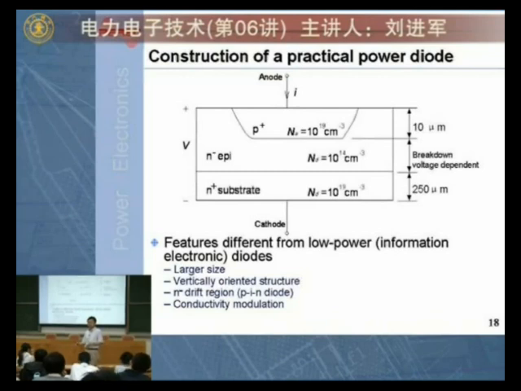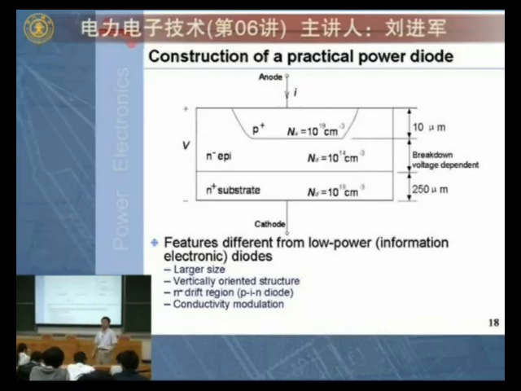But what happens when we need this diode to be conducting current? When you apply forward direction voltage to this diode, we want this diode to be able to conduct larger current.